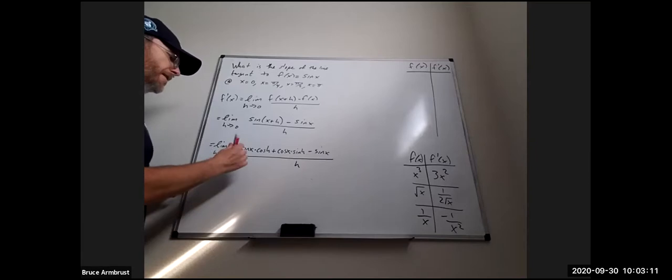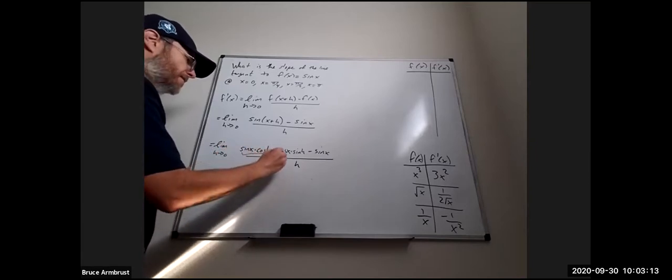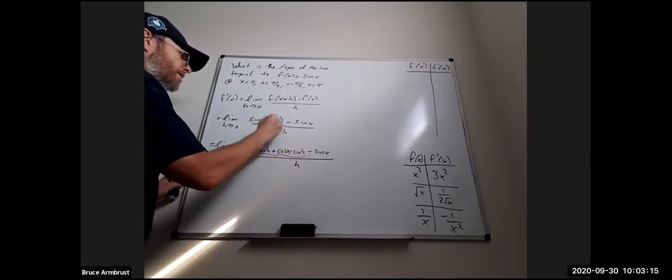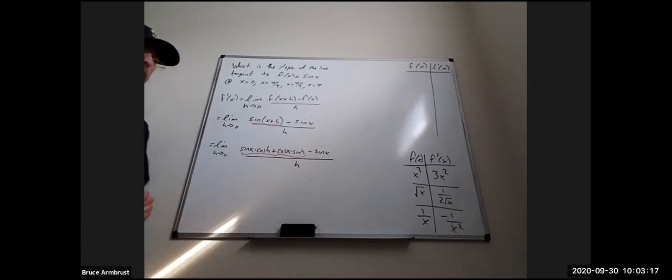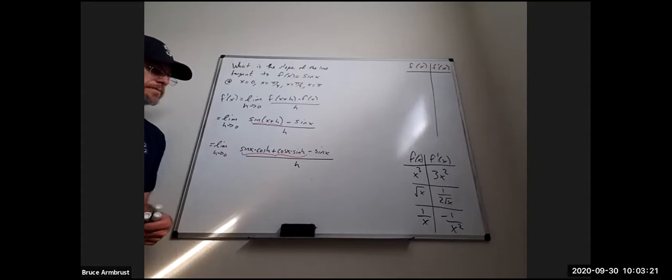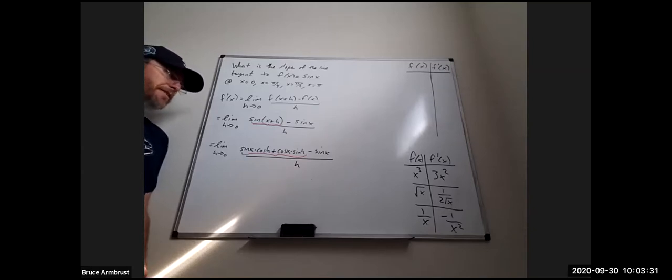So again, that was the sine of x plus h. All right, so that's just using that sum of angles identity.